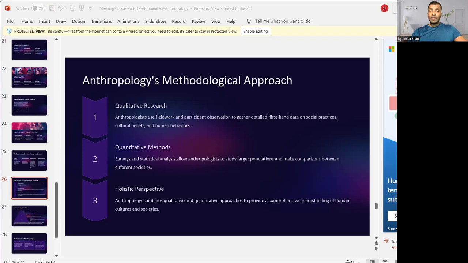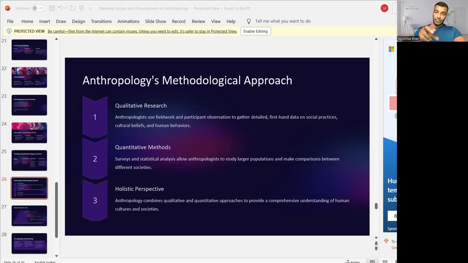Anthropology is known for its unique methodological approach. We combine both qualitative and quantitative research methods based on the purpose. Qualitative data gives you deeper understanding, and by using quantitative data, you can validate it and ensure more validity. Fieldwork, particularly participant observation, is a cornerstone of anthropological research, and that's the most important method that anthropologists use.